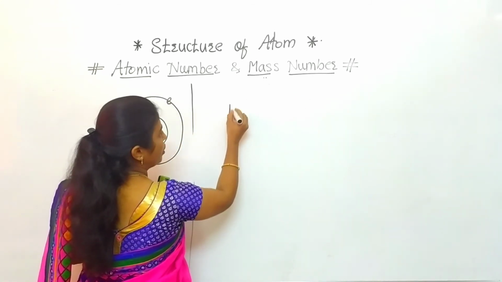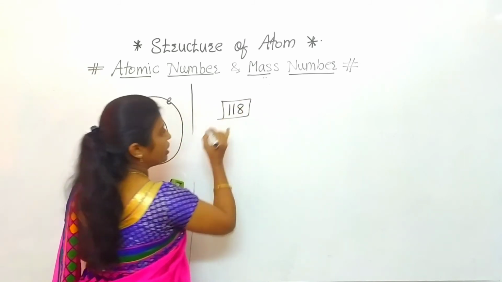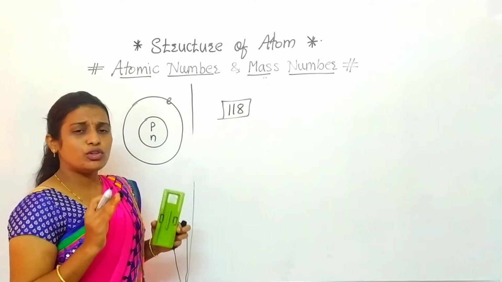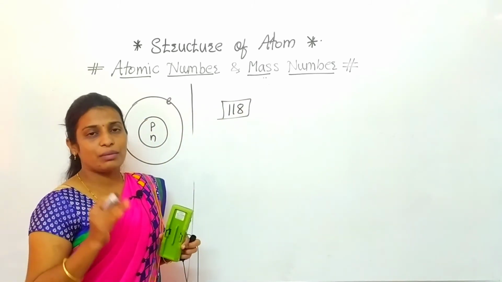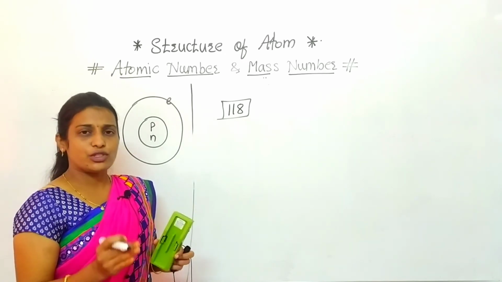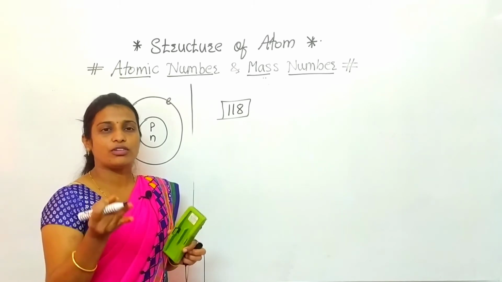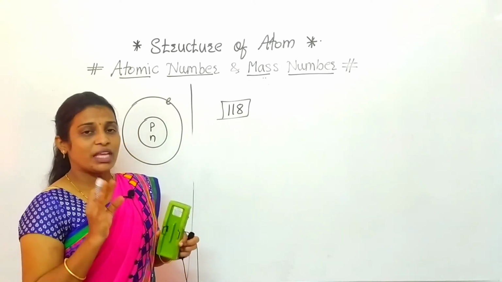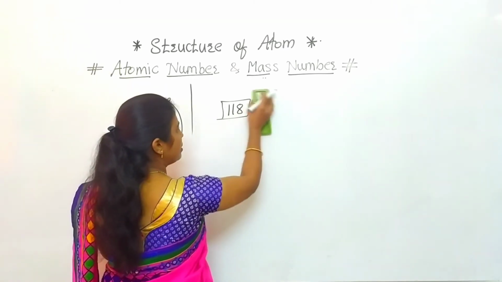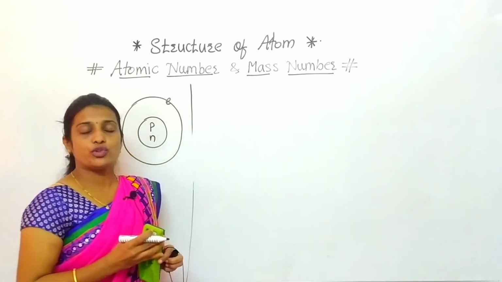As we know, in the periodic table 118 elements are there. There is no need to know the mass number of all elements. As we have seen in the examples for molecular mass, molecular weight, or equivalent weight finding, there are some elements whose mass number should be known to us.